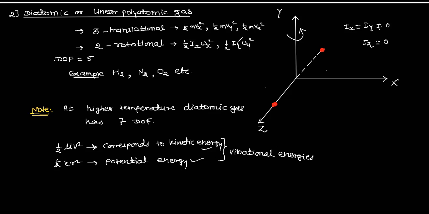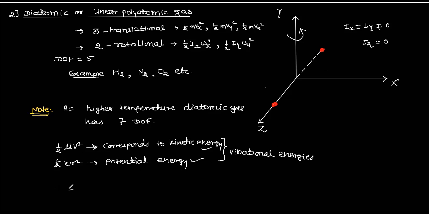This is already you are having, so this 3 plus 2 is 5. But here you are having how many degrees of freedom? This 2 you are getting extra.